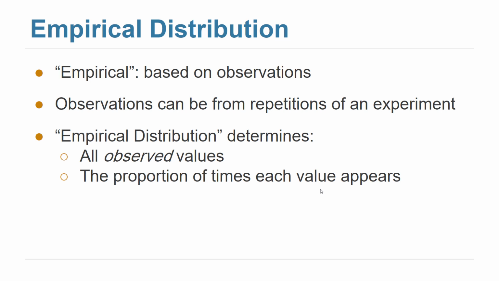For each of the observed values, we observe the proportion of times that each value appears. How many times relative to the total number of times that we run the experiment do we observe each value? If I know this proportion, then I know the probability of observing this value, right?